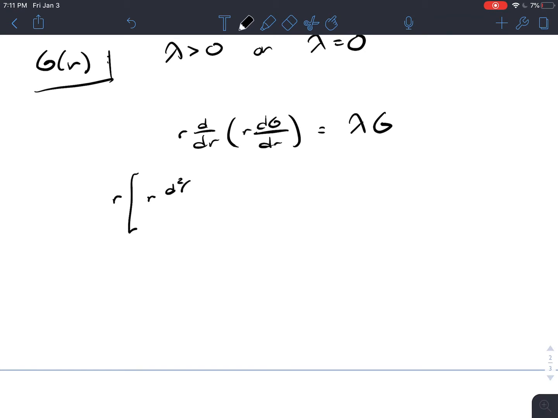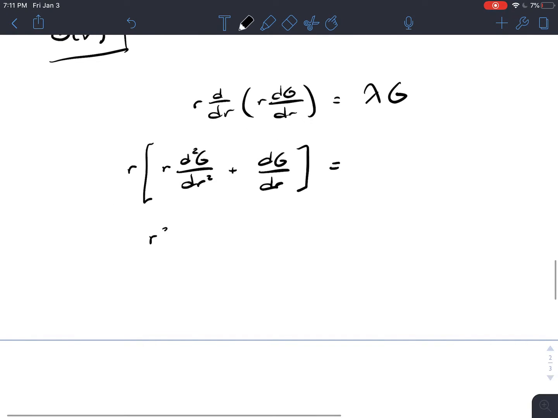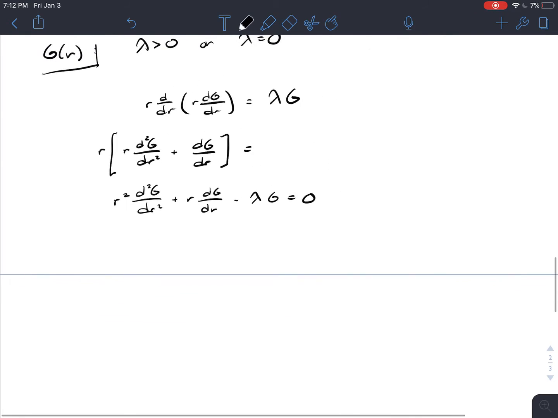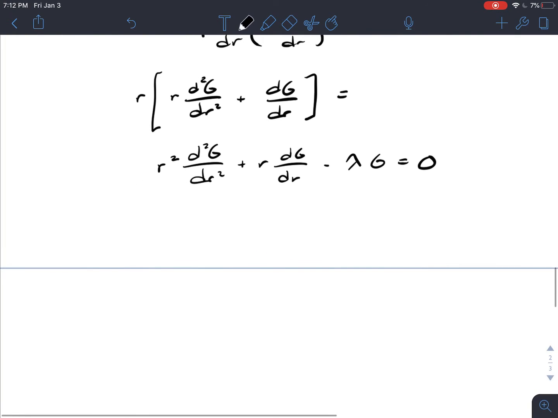So this is just going to be r squared d²g/dr squared plus r dg/dr is equal to, let's move everything to the left-hand side, minus lambda g equals 0. Okay?